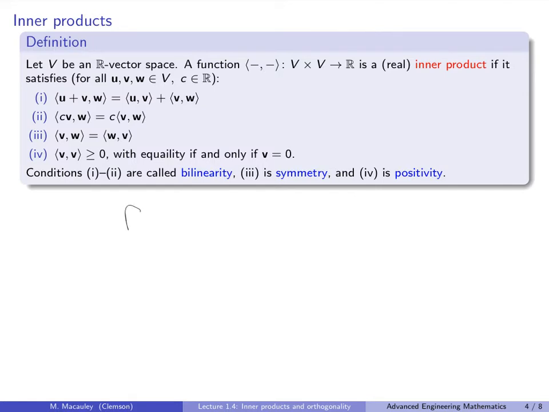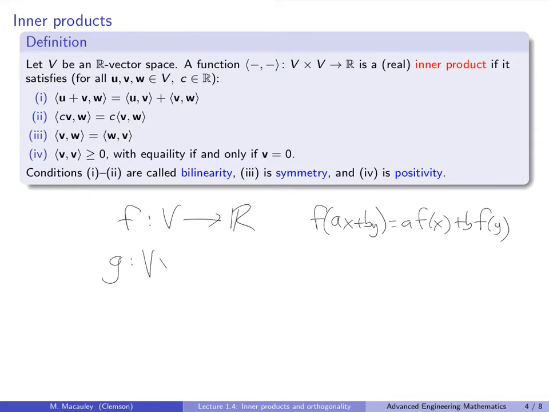Recall that a linear map F is a map from V to the field, let's say R, because we're looking at an R vector space here, and it satisfies the property that F of ax plus by equals aF of x plus bF of y. So for a bilinear map above, I'll use G. This is a map from V cross V to R.